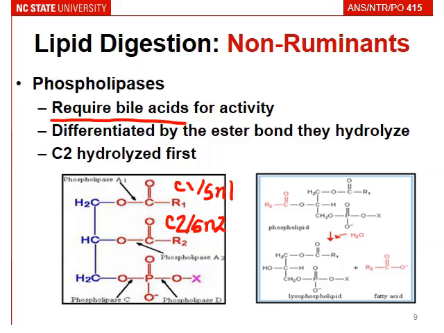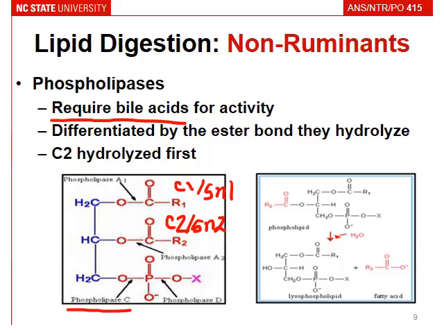I'd like to note that this second carbon, our phospholipase A2, is the first one that is hydrolyzed. Our phospholipase C is what cleaves the phosphate group off of the third carbon, where our phosphorus-containing molecule is.